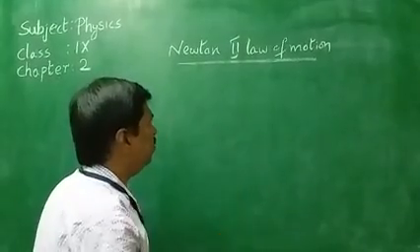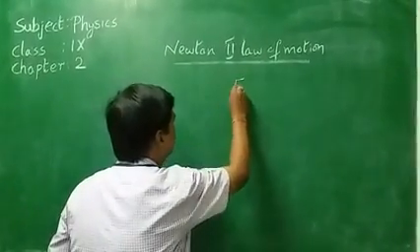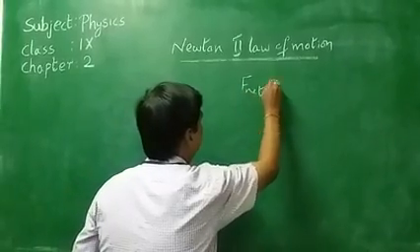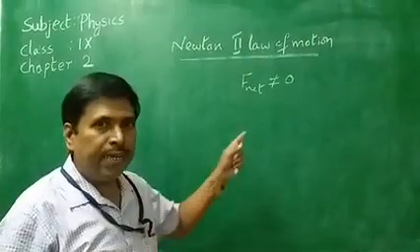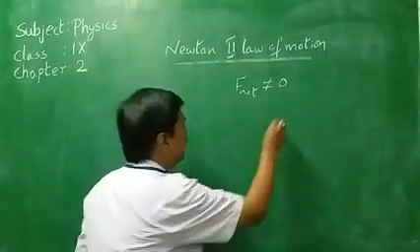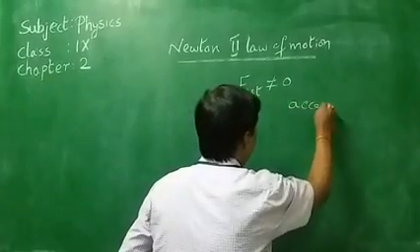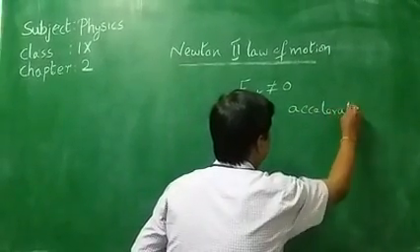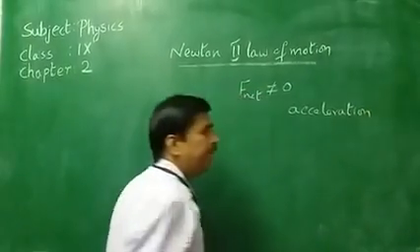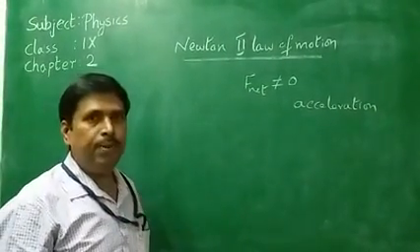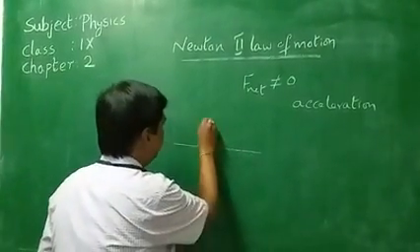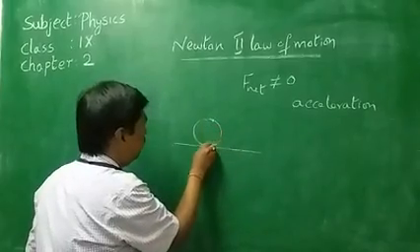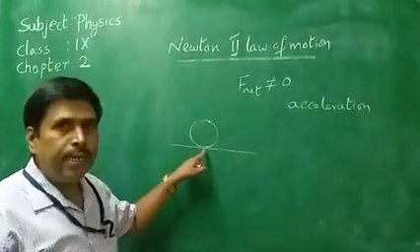In Newton's second law of motion, the net force is not equal to 0. Whenever net force is not equal to 0, the object gets accelerated. You will have acceleration produced on the object. For that, let us give an example. Suppose you place a ball on a veranda like this. It is in the state of rest.